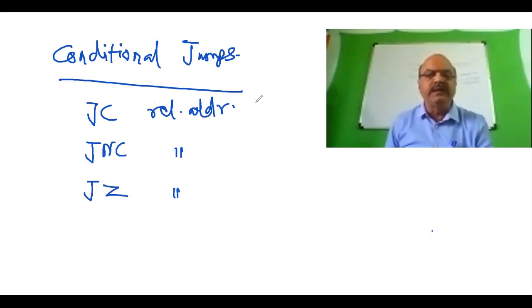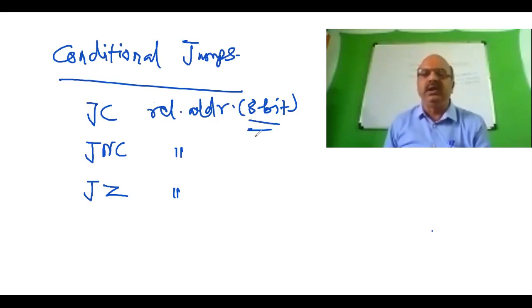All the relative addresses are 8-bit, that you have to remember. So all these are short jump instructions, JC, JNC, where the address is 8-bit. Even the conditional jump instructions are short jump instructions because they have a range of only 256 bytes. They can go backward by 128 bytes and jump forward by 127 bytes.